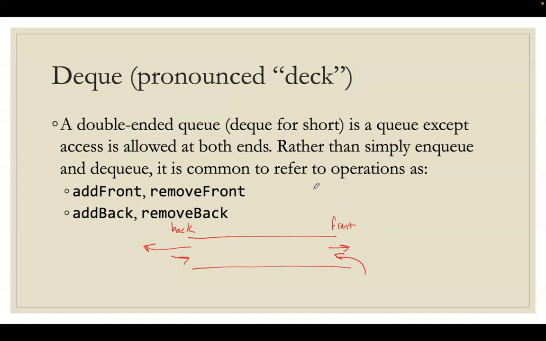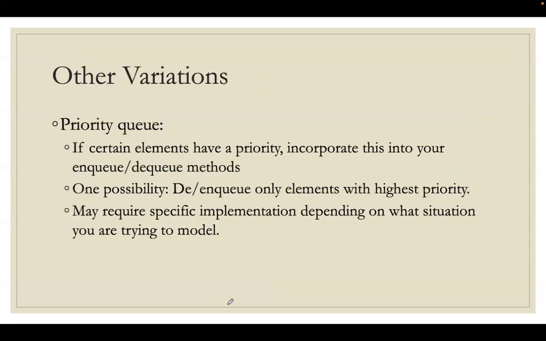For this, I think we would probably want to have a doubly linked list, because if you're going in multiple directions at the two ends of the list, then it probably makes sense to move forward to a doubly linked list.